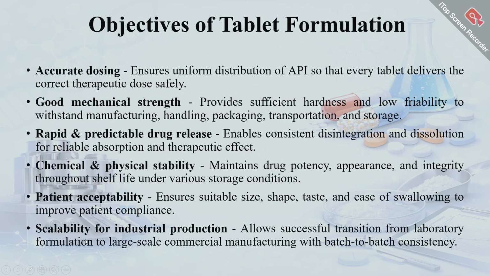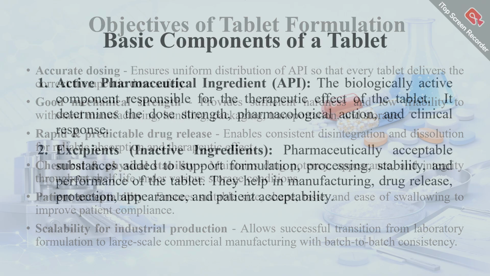Next, scalability for industrial production, and it should allow successful transition from laboratory formulation to large scale commercial manufacturing. Means whenever pilot batches are prepared, small amounts of tablets will be prepared, and that should be suitable for making them in large quantities for commercial production.